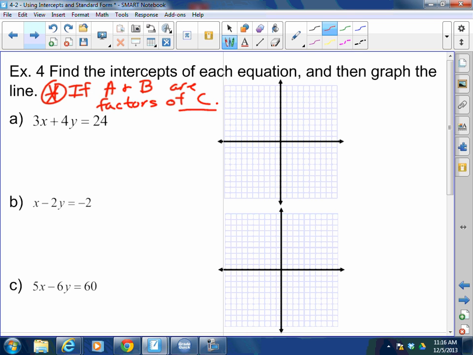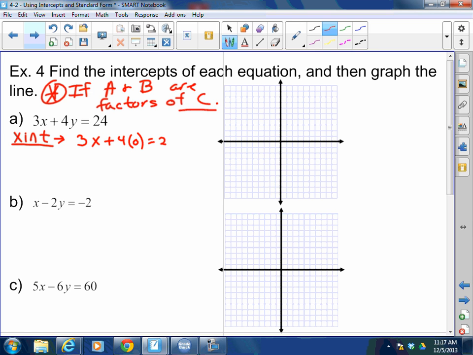Okay, now, what did I tell you that the X-intercept equals? What's the definition? The X-intercept. What is the definition? The X value on the X-axis when Y is 0, correct? So if I want to find the X-intercept, what do you think I'm going to make my Y? 0.